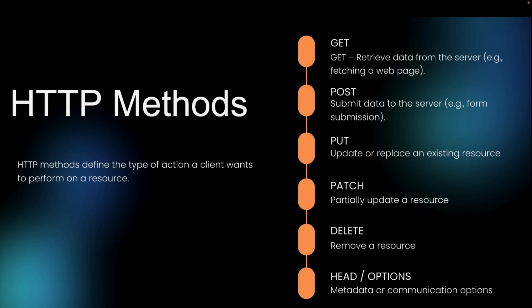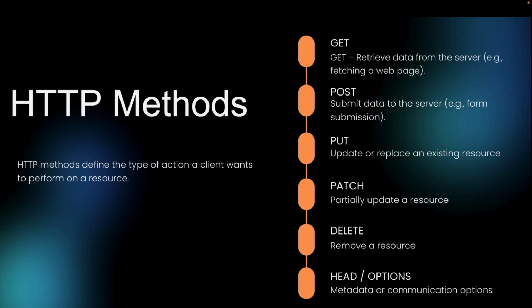For example, we send a PATCH request like slash user slash 101 with data like email is rajninew at gmail.com in the body section. Obviously, this request will only update the email for the user whose ID is 101 again. Okay. Then DELETE method is used to remove a resource.